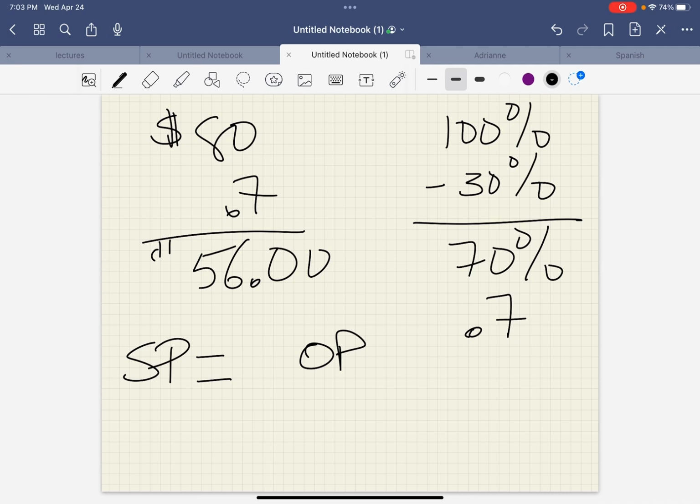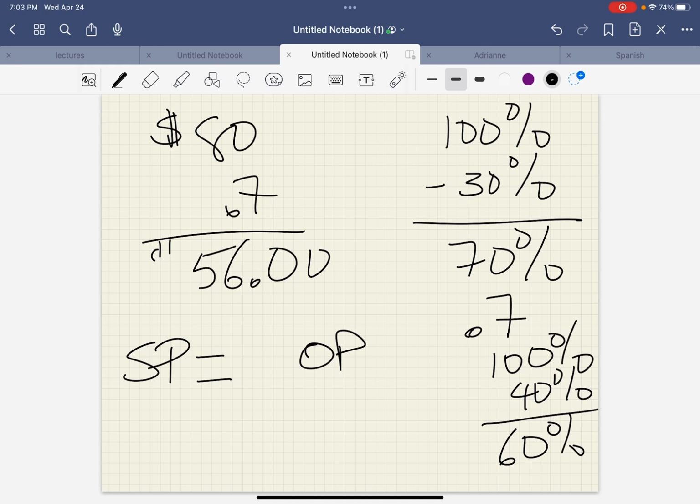So if the original price was 100%, and it had been marked down 40%, then what percentage was actually left? 60%. So the selling price is actually 60% of the original price, isn't it?